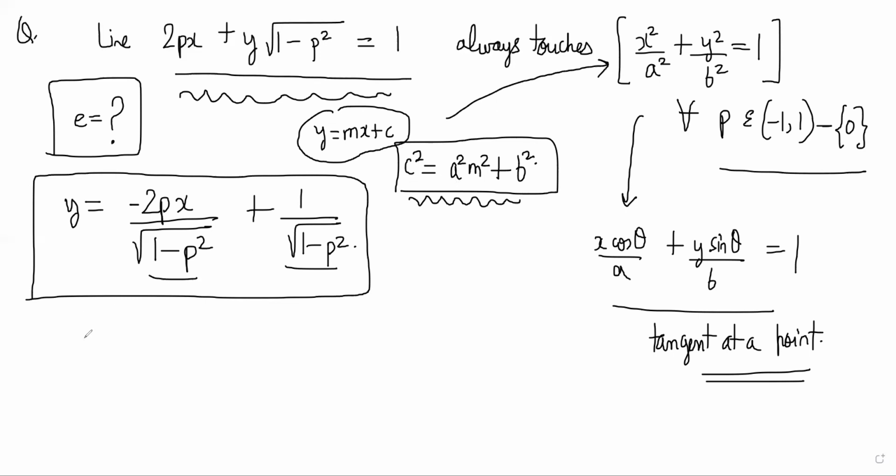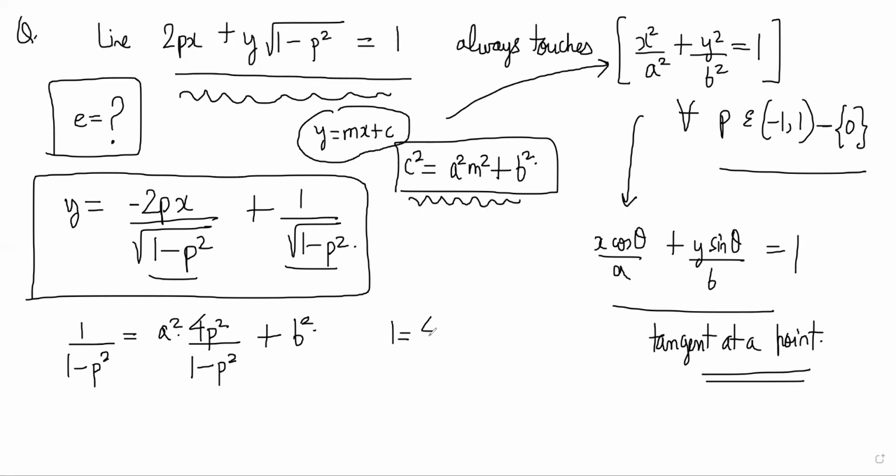So c square would be 1 by 1 minus p square is equal to a square. m square would be 4p square by 1 minus p square, plus b square. Correct. So this condition must be true. So you will say that 4a square p square by 1 minus p square, plus b square. Okay. So multiply by 1 minus p square.